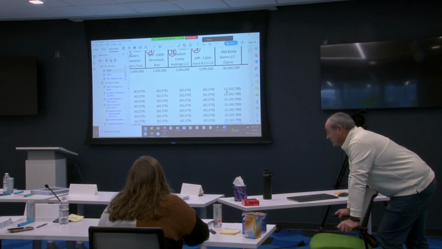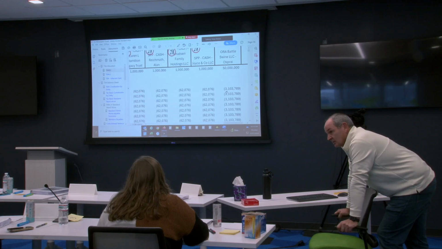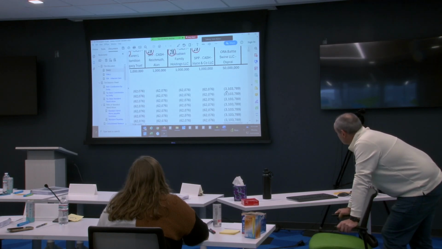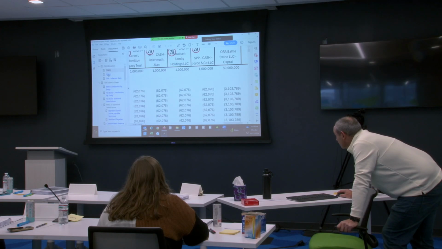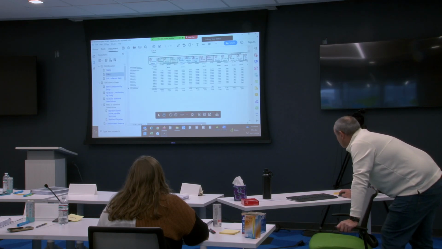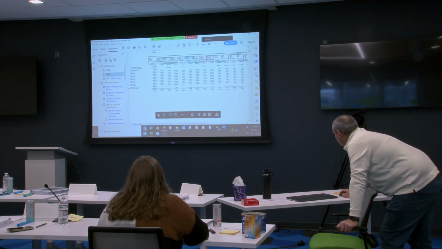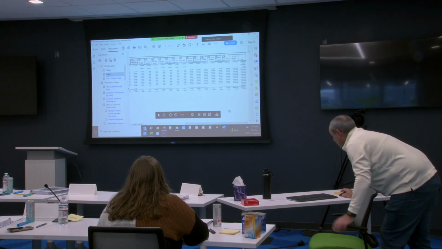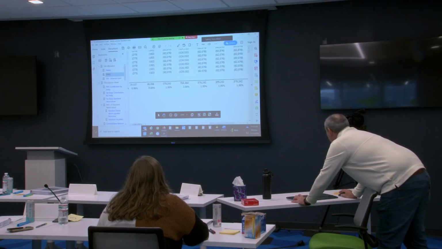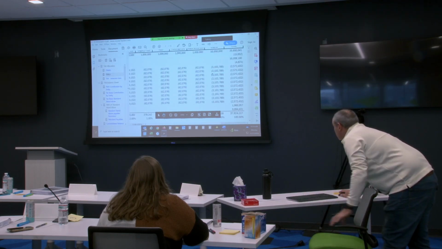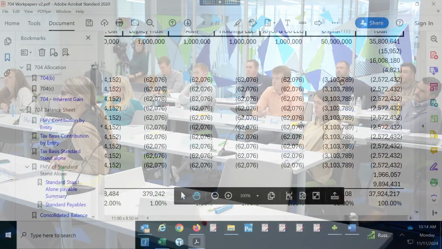Okay. So that 3 million, that represents depreciation on a fair value. Okay. So, Austin, if I come over to my 704 account, how much depreciation is that last column getting in terms of depreciation? Same amount, equal 3 million.